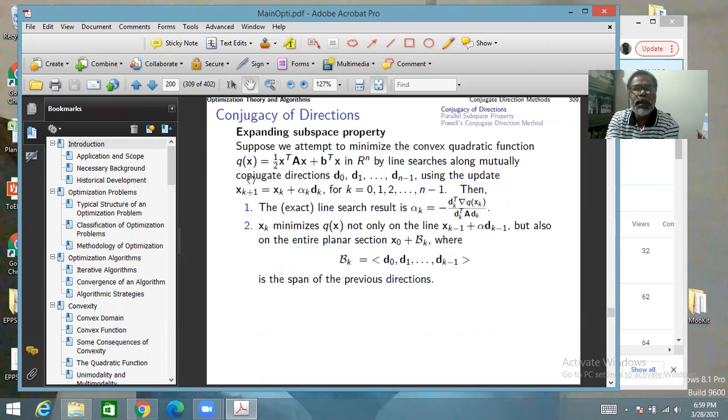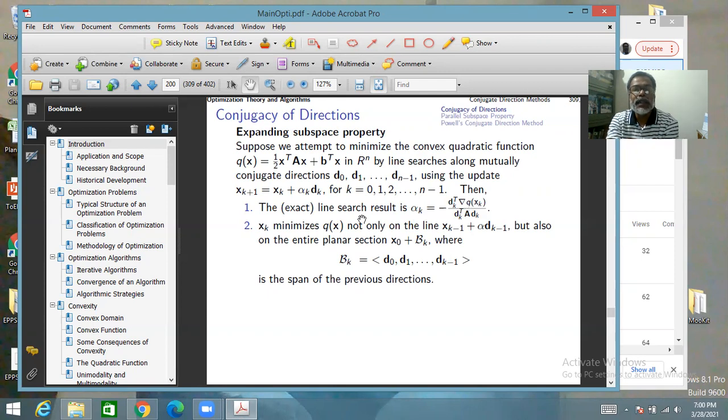If we try to minimize this convex quadratic function in Rn by line searches along several directions which are mutually conjugate, that means each of them is conjugate to every other, then with these line searches, with updates like this, after you have got several steps and you have reached the point xk, you execute the k plus 1th iteration, and there the line search result alpha k is this. This is one point.